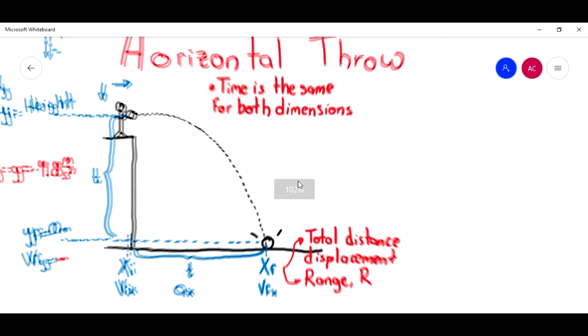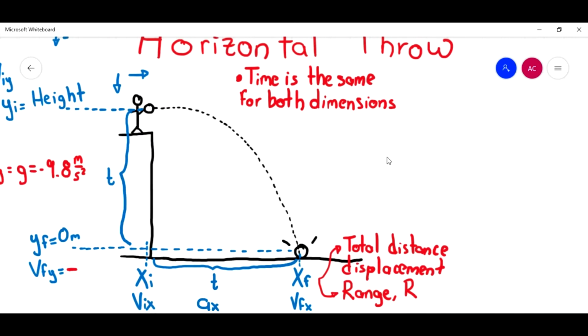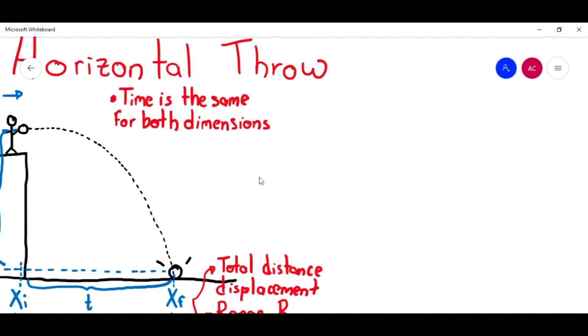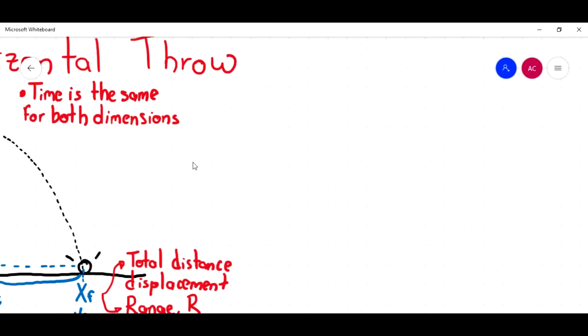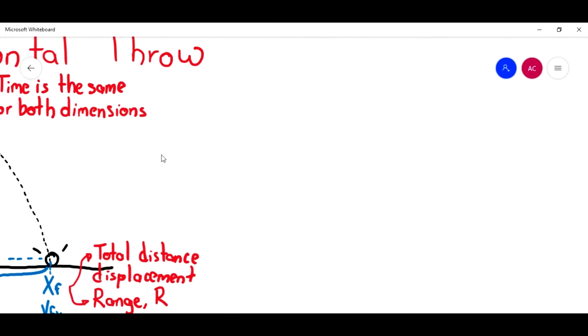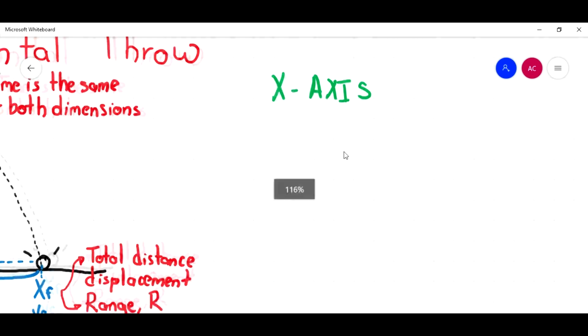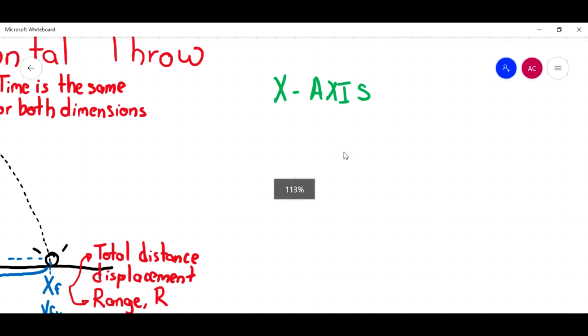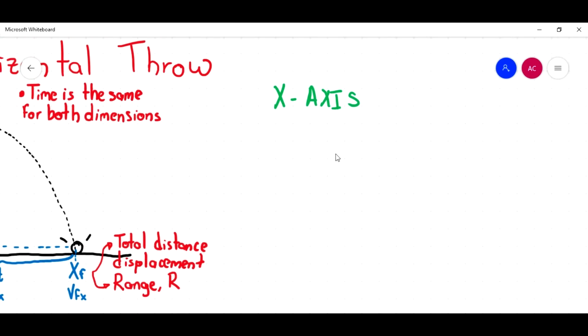Okay, now what I'm going to do is make the analysis, but with the formulas. We're talking about two dimensions, so the first analysis that I'm going to do is the x-axis. The first thing that I'm going to do is write the equations.